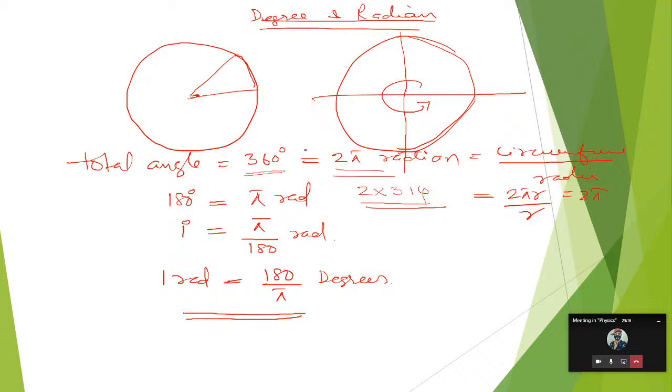So from here onwards we will take all measurements of angle in radians only. Remember, total angle is 2 pi radians, 180 degrees is pi radians, and 1 degree equals pi by 180 radians.